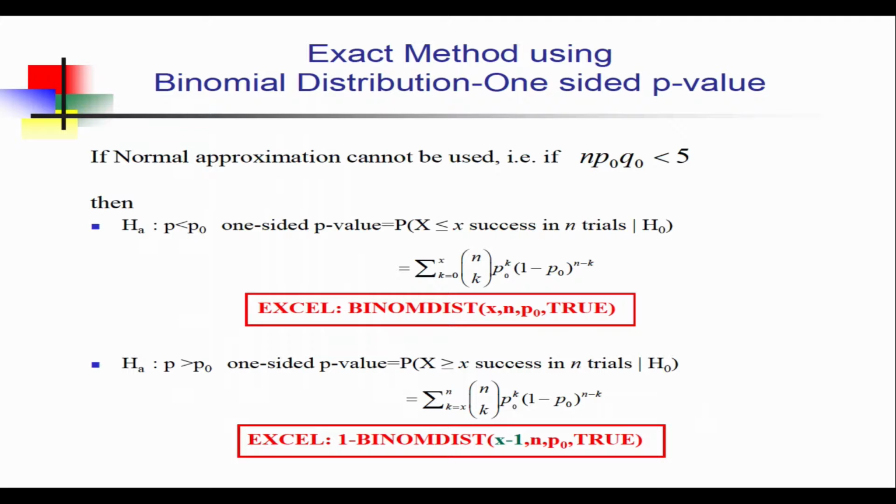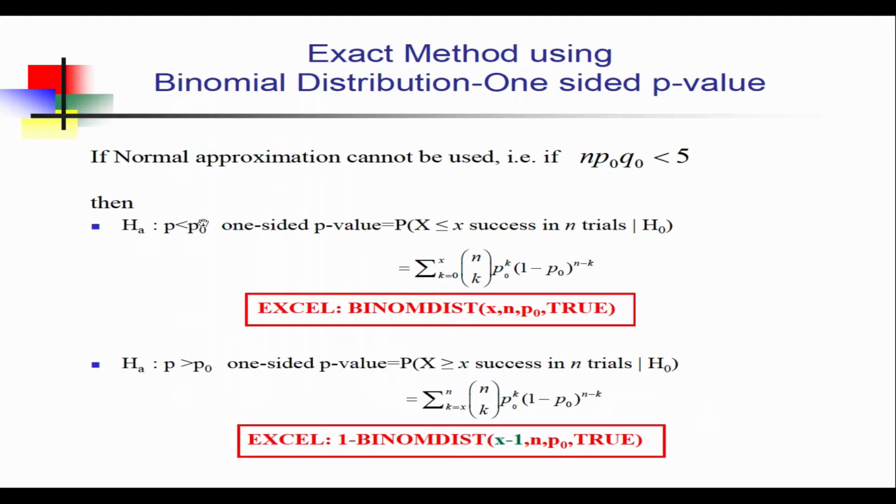We know x, the number of successes, is binomially distributed. So whenever the sample size is small and this quantity is less than 5, depending on your alternative hypothesis, we will be able to calculate the p-value. First, the case where the population proportion p is less than p0 in your alternative hypothesis.